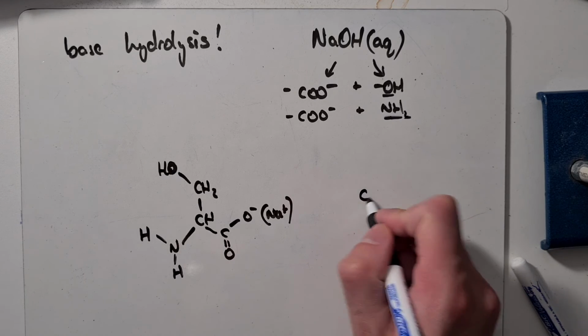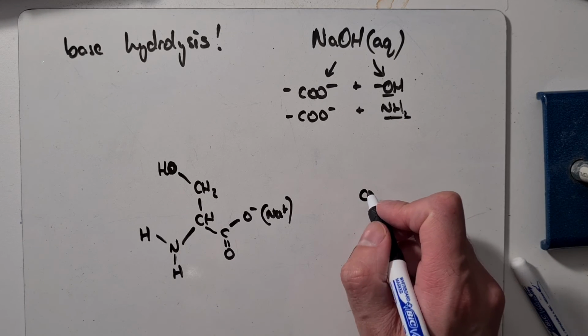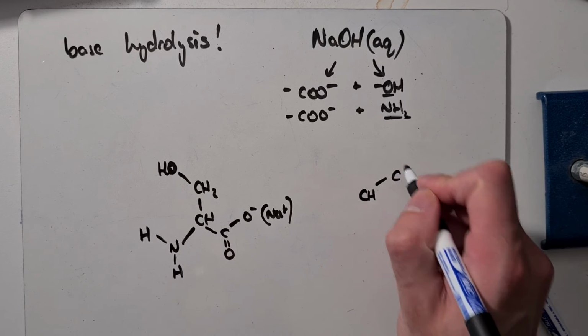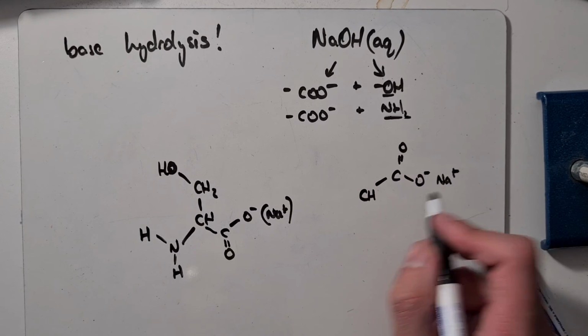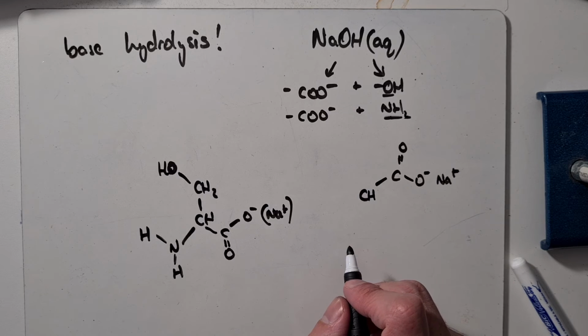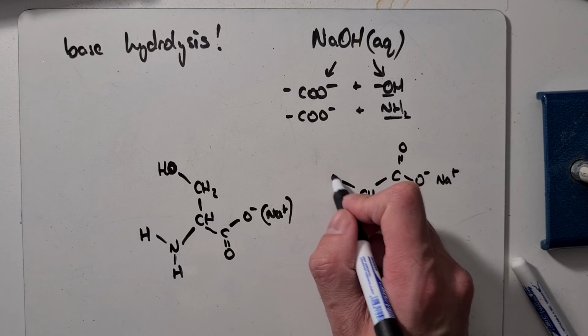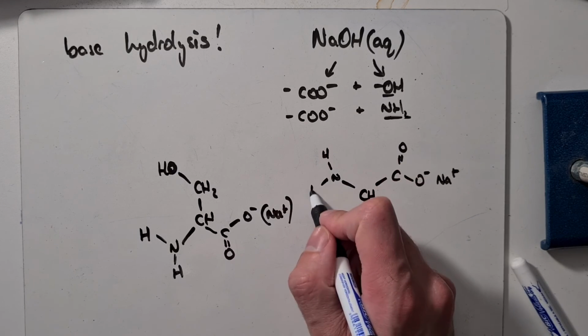The second one will have CH with, coming straight up, our carboxylate, which again forms a salt with sodium. And coming this way, we'll have an amine group reform.